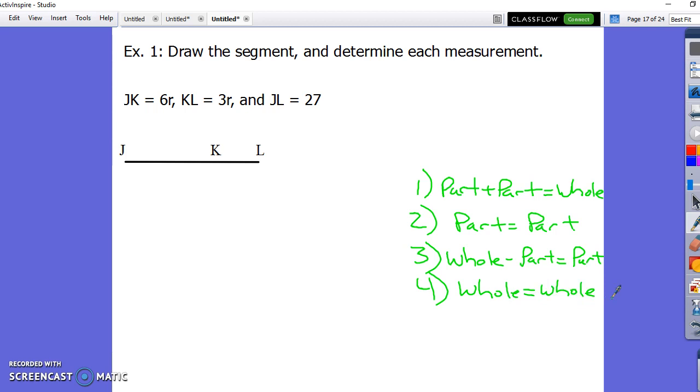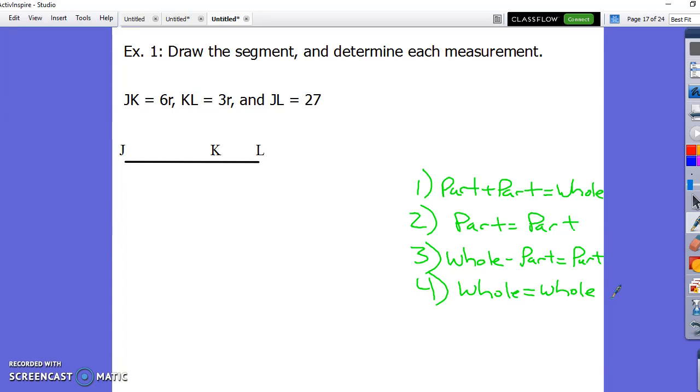Now, when you are solving segment addition problems, you're not going to use all four of these strategies every time. Sometimes, in your simpler problems, you're only going to use one. More complex problems, you're going to have to use multiple of these. But I'm getting ahead of myself.